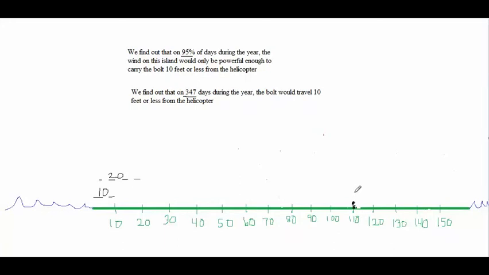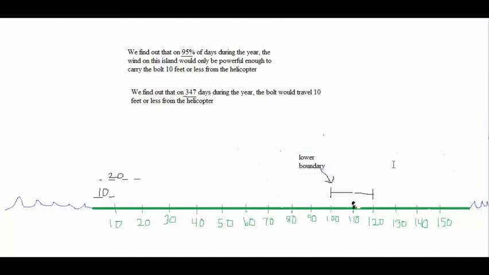So maybe we could add and subtract 10 from this number 110, like this. And we can make 100 our lower boundary of the interval we're creating.